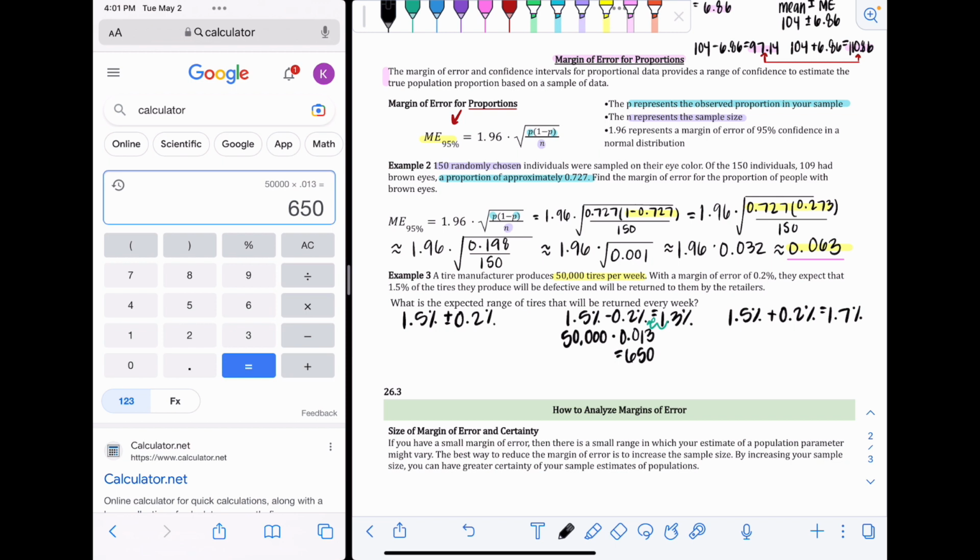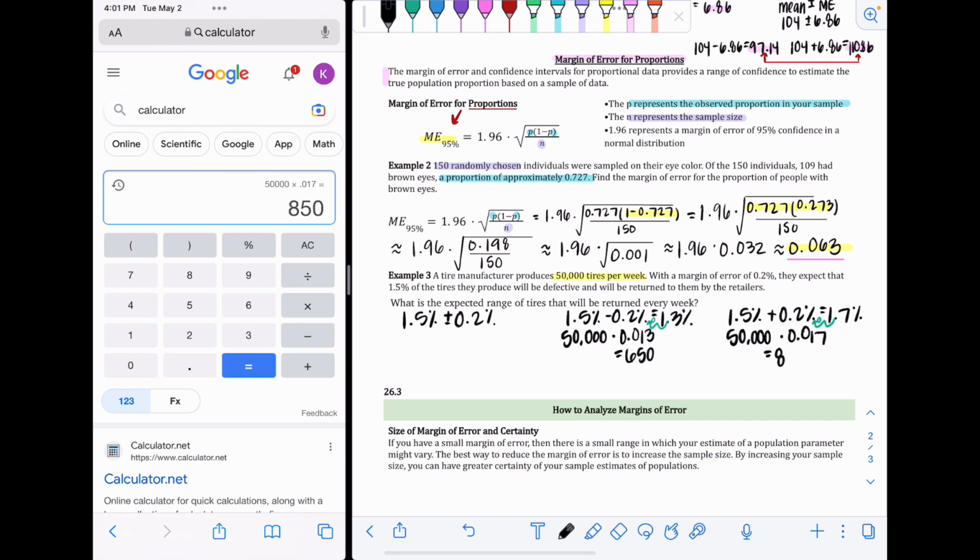And then to figure out what 1.7% of 50,000 is, we do 50,000 times 1.7%, but we need to convert it to decimal form first by moving the decimal place twice to the left, and we add a placeholder. That would become 0.017. So 50,000 times 0.017 ends up being 850.